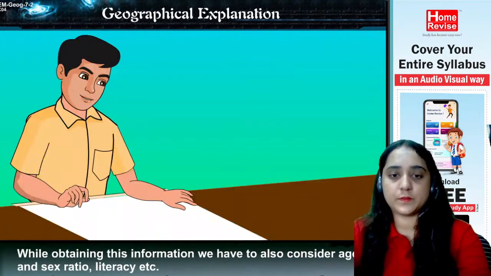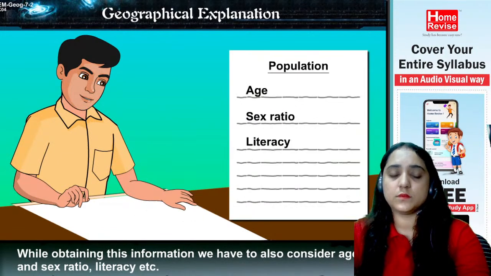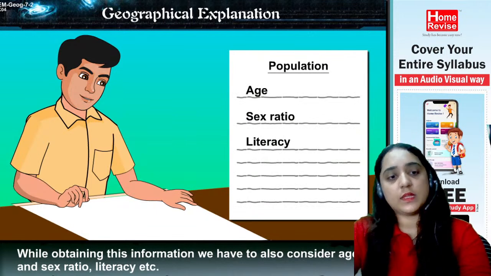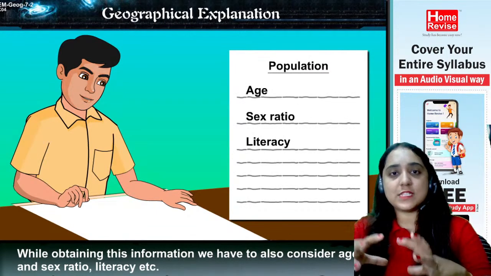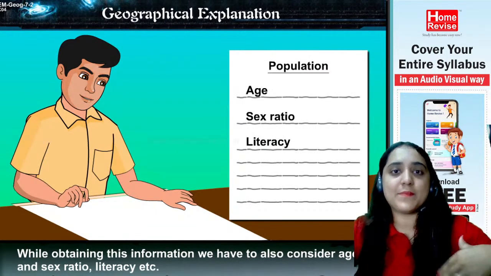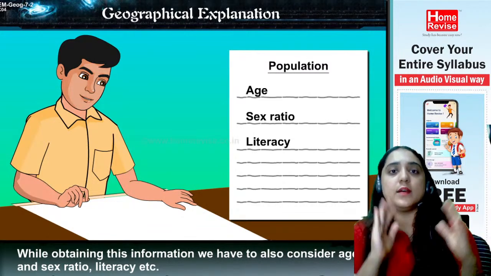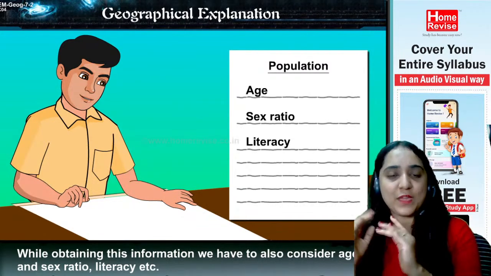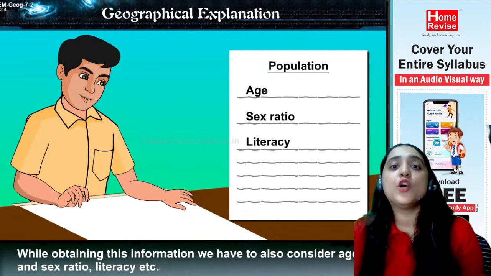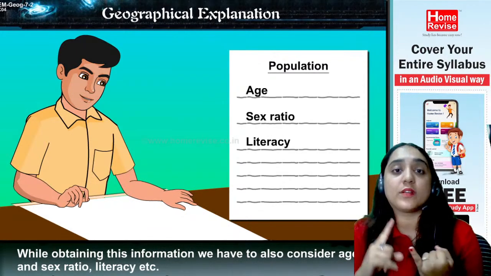While obtaining this information, we also have to consider age and sex ratio, literacy, etc. Fine. So if we start from a city, we will consider how many males and how many females there are. So first we have to consider the age.